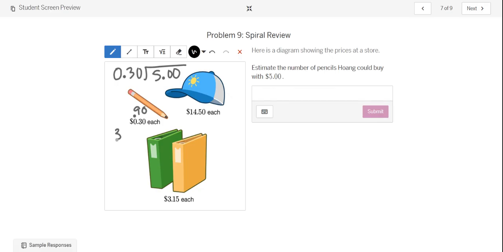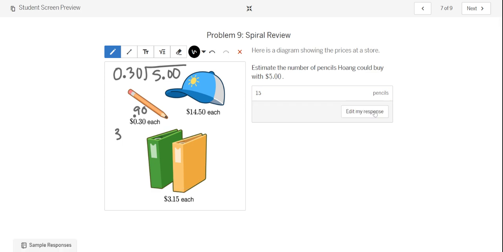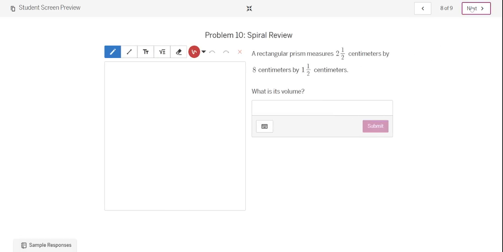And so I'm looking at like 15, and it's going to be really close. Let's see how close I actually have to get. I'm just going to say 15 for this one. Let's see if it gives me credit for that when I get there.